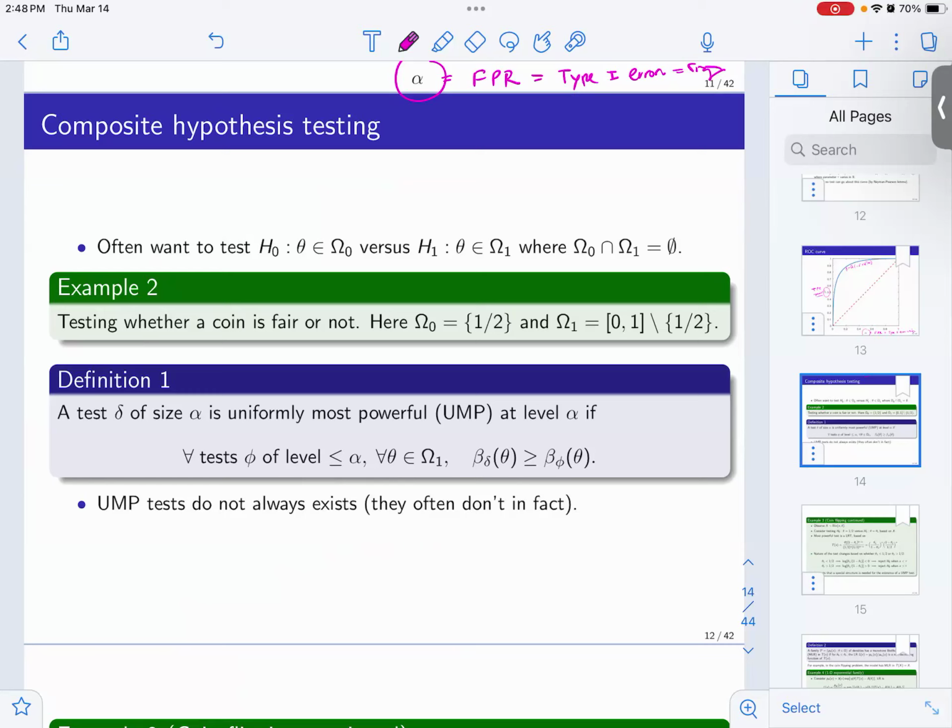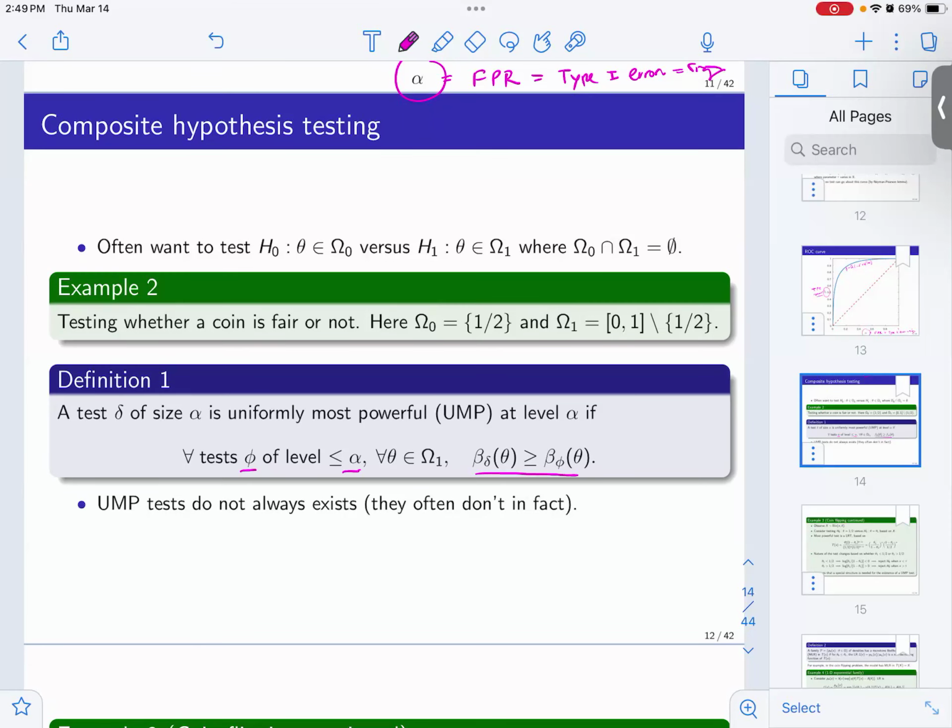Omega naught could be simple, and the other one is everything else except that one. A test delta of size alpha is called uniformly most powerful, or UMP, of level alpha if for every other test phi of level alpha, meaning level at most alpha, the power of delta is bigger than the power of phi for every theta in the alternative. So this is uniformly most powerful.